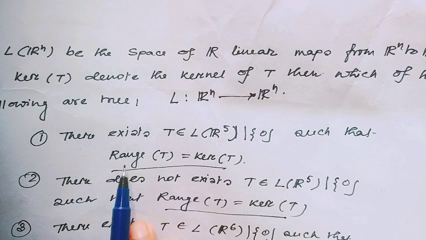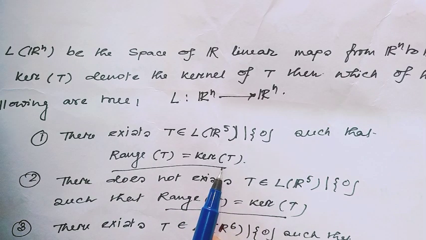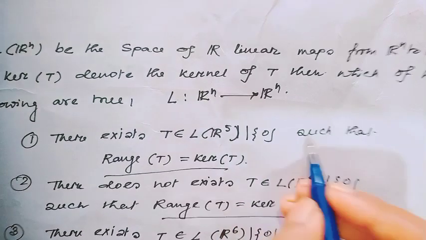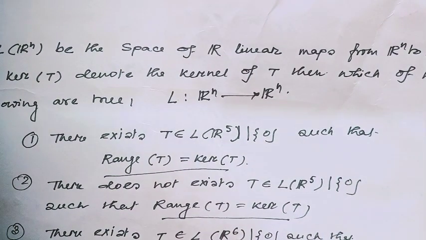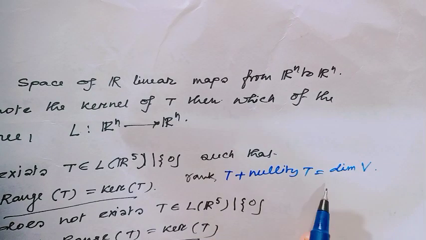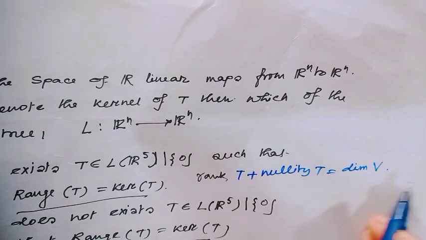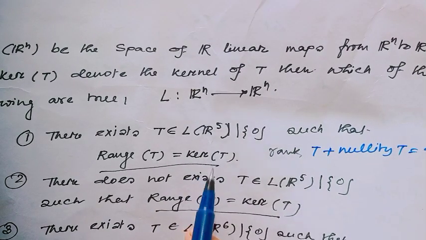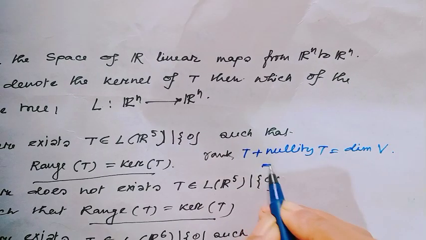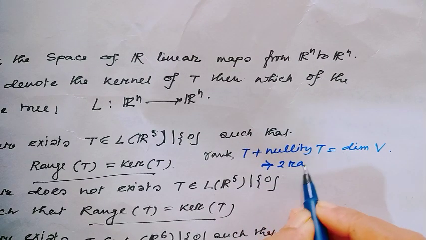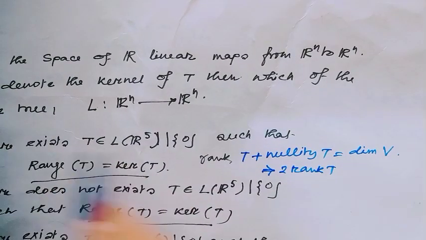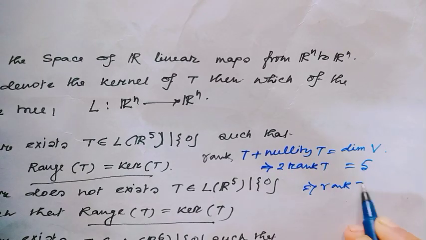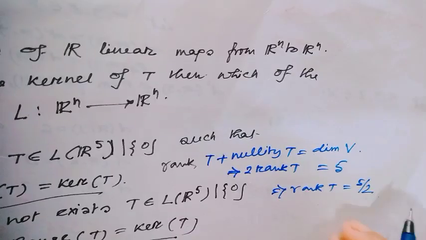For the first option, since range T equals kernel T, I will apply the rank nullity theorem. We all know by the rank nullity theorem, rank T plus nullity T equals dimension of V. Since here rank T equals nullity T, 2 rank T equals the dimension of V, which is 5, so rank T equals 5 over 2.